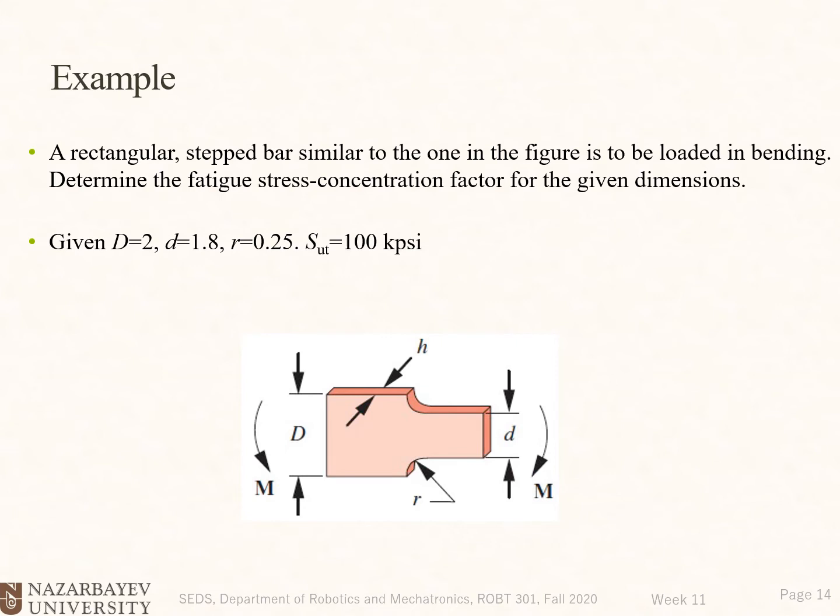You have those tables that tabulate Neuber's constant against ultimate tensile strength. So it is very easy to calculate. I'm going to leave the calculation to you. We will have these calculations again in coming examples which are more complex, but this one just focuses on how to calculate the fatigue stress concentration factor, and I expect students to do the calculation by themselves.